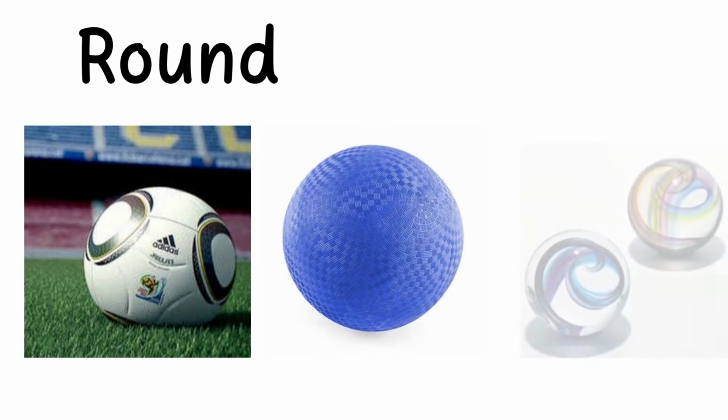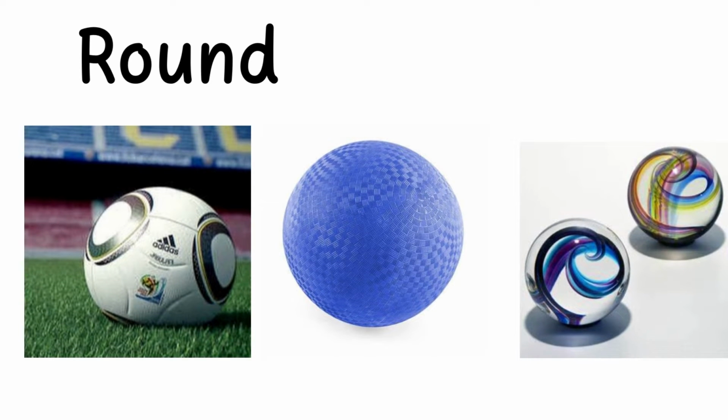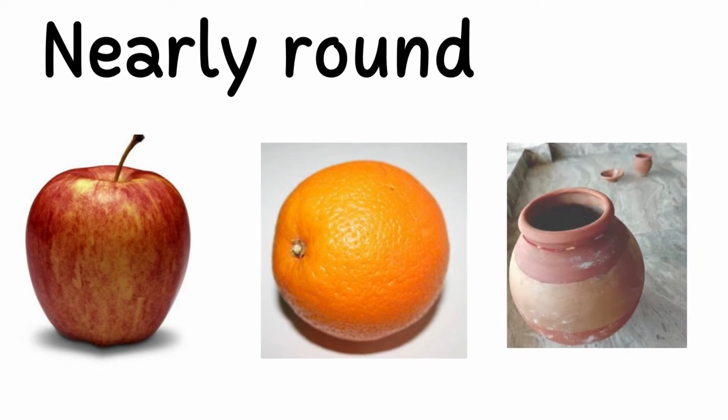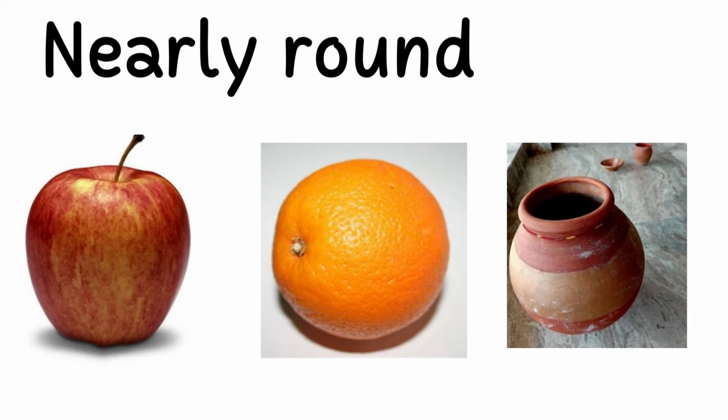Look around and identify objects that are round in shape. Our list may include a rubber ball, a football, and a glass marble. If we include objects that are nearly round, our list could also include objects like apples, oranges, and others.